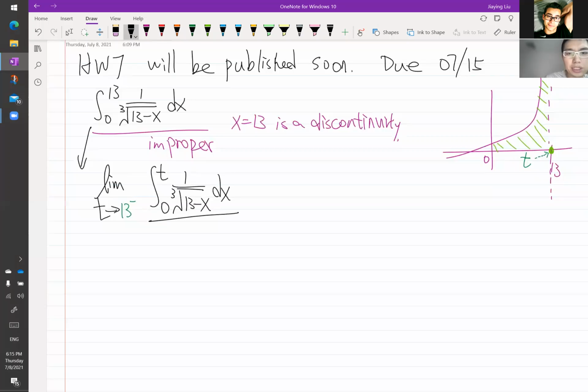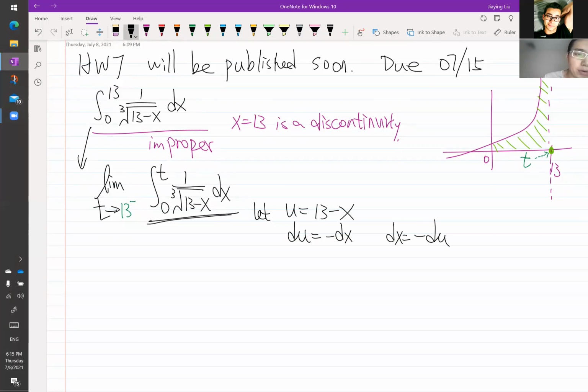And then let's just focus on this part. Rewrite the function using x. Well, there's a couple of things you can do. Depends. You can use the u substitution, or you can rewrite it using a negative exponent. You can let u equals 13 minus x. So du equals minus dx. dx equals minus du.